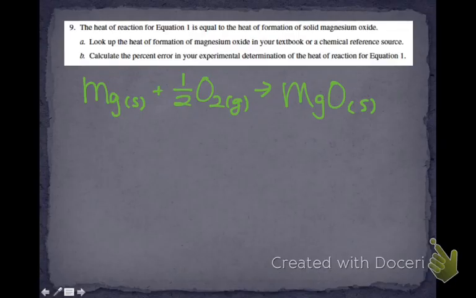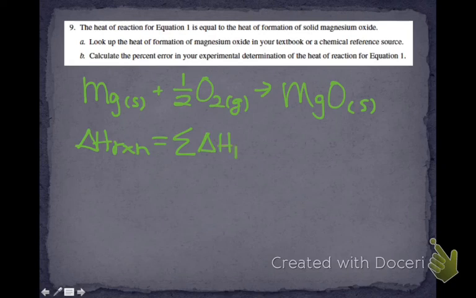So you're going to look up the heats of formation from the chemical reference table that is on the class page that you've been using for all of these thermodynamic math problems, and you're going to calculate the delta H of reaction by doing summation.